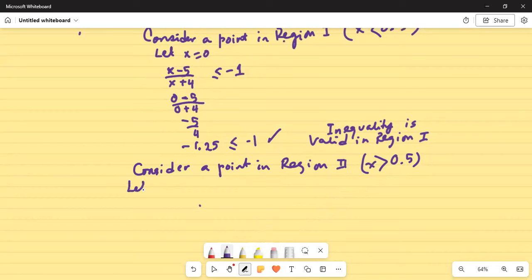Let x equal to 1. Okay, my inequality is (x - 5)/(x + 4) less than or equal to minus 1. So if I plug in 1, I get 1 minus 5 divided by 1 plus 4, we'll check it out.